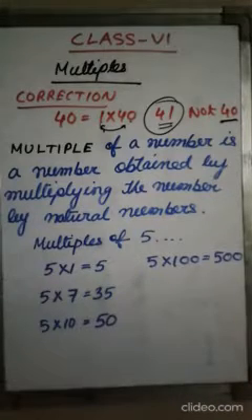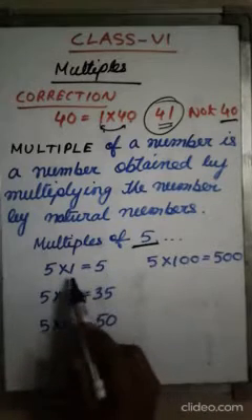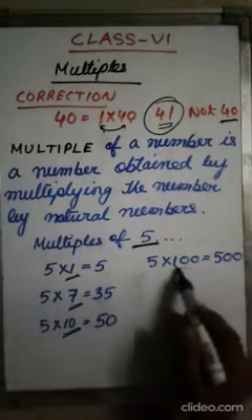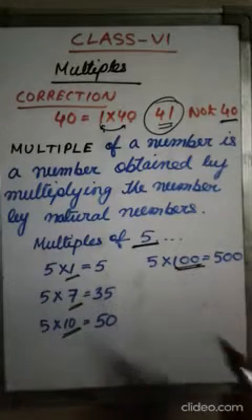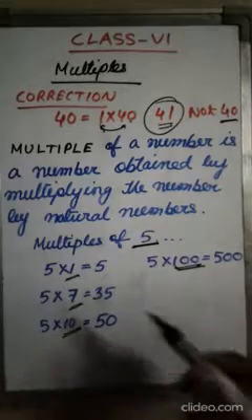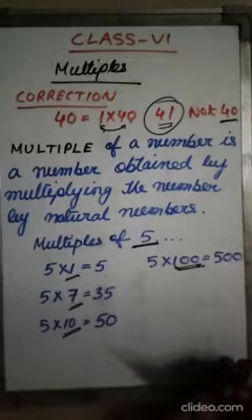Suppose we are going to find the multiples of 5. 1 is a natural number, 7 is a natural number, 10 is a natural number, 100 is a natural number. Any number starting from 1 to infinity, with positive value, those are natural numbers. So multiply any natural number by 5, that will be a multiple of 5.